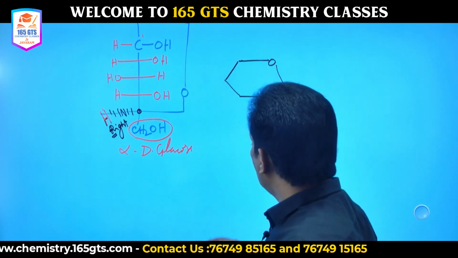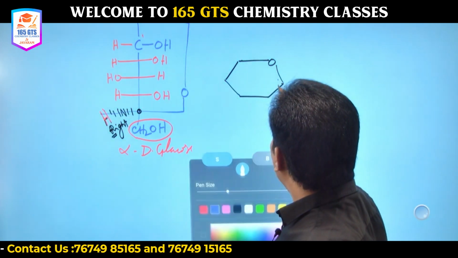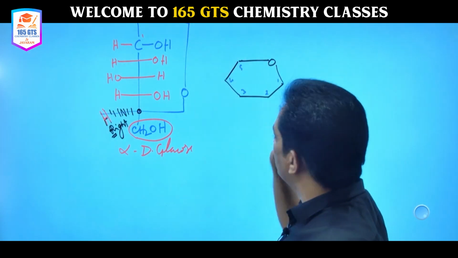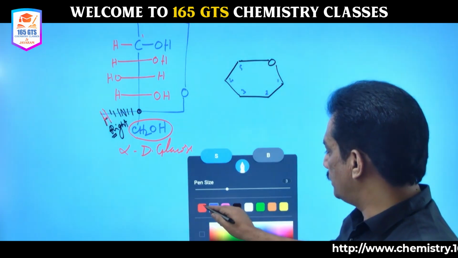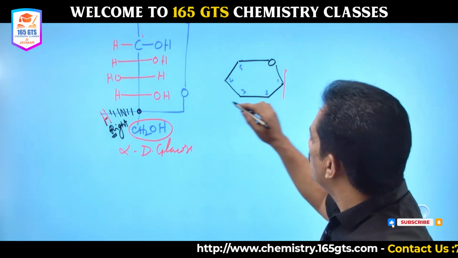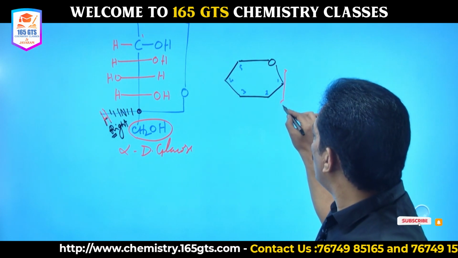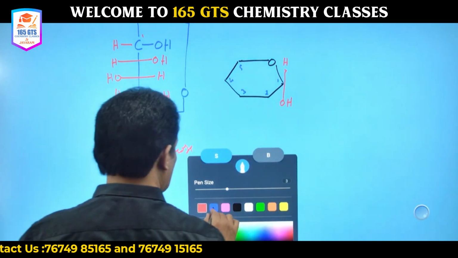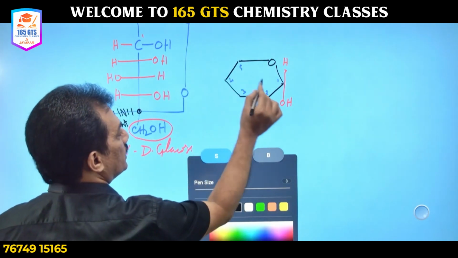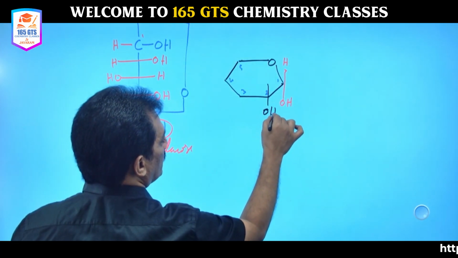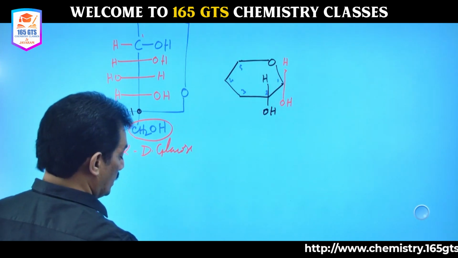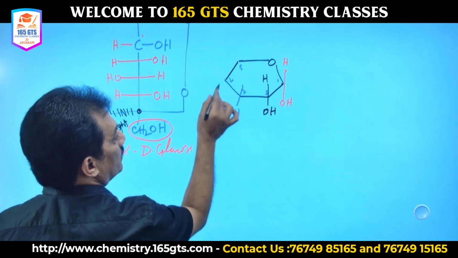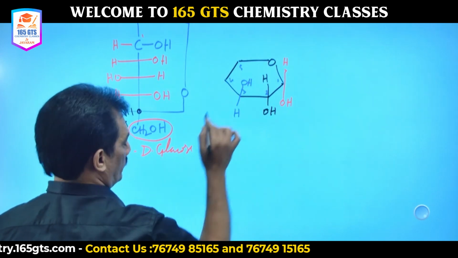Now in this case, the first carbon is this one, this is 2, 3, 4, 5. Now let us write the structures. On the first carbon, OH is on the right side, hence OH down, H up. On the second carbon also, OH is on the right side, and hence here OH, here H. But on the third carbon, H is below, because OH is on the left side, hence above.